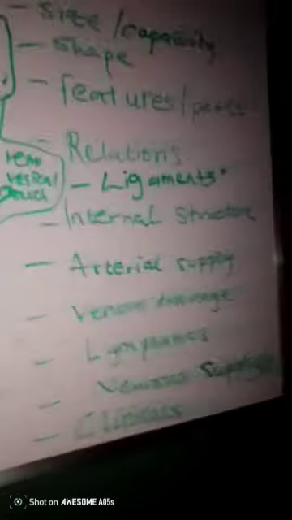But the major ones are the superior vesical and inferior vesical, which are branches of the internal iliac arteries. So we have venous drainage. Veins do not follow arteries. Remember I told you the posterior ligament contains the vesical venous plexus. This drains into the internal iliac vein.